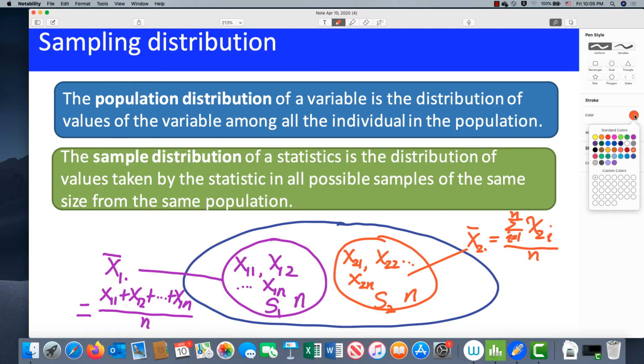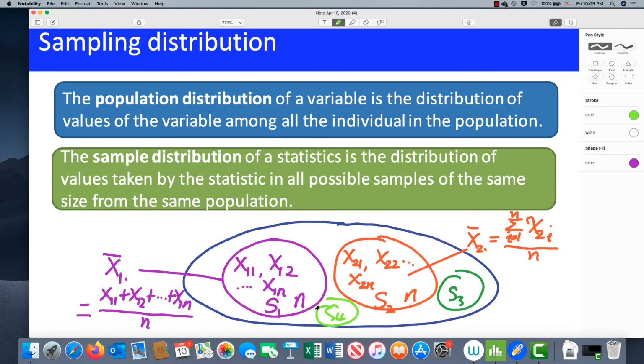With the same approach, we can create another sample. Say this is sample 3, and another sample, sample 4, S4, and so forth. We can calculate x3 dot bar, x4 dot bar.